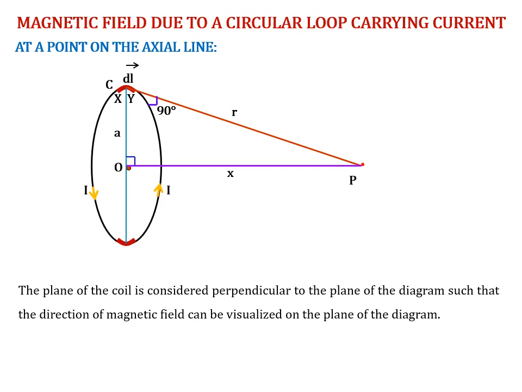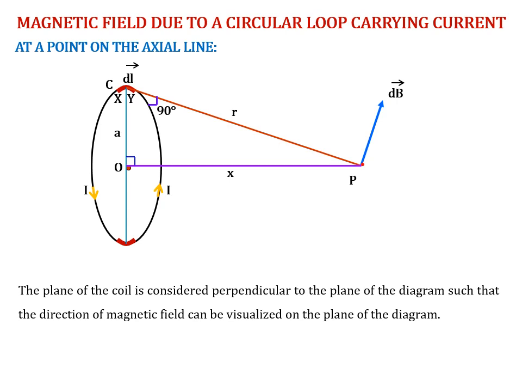If you draw a line from the circumference to the point P, this line will always be perpendicular to the small element dl that we are choosing. If we represent field, it will be in the plane of diagram and it will be perpendicular to r.